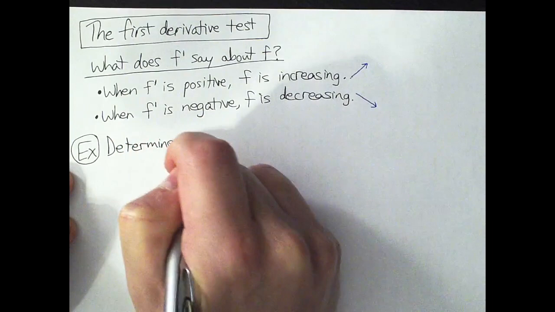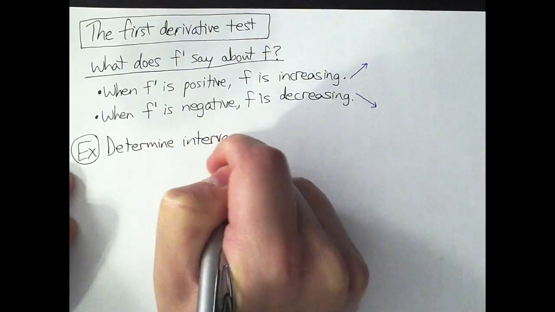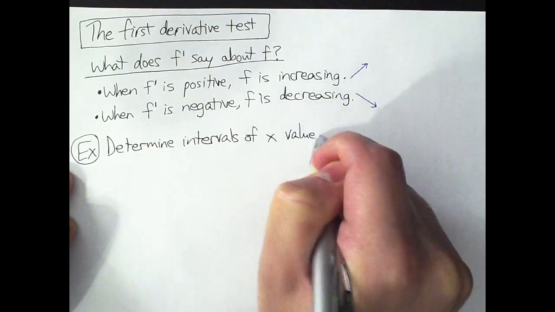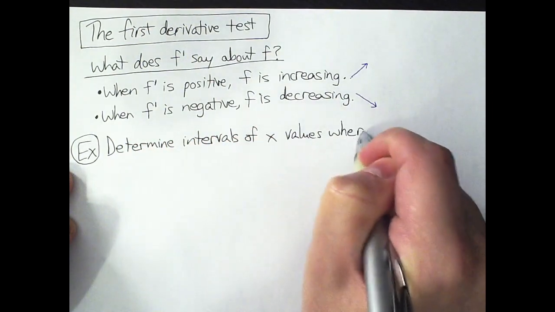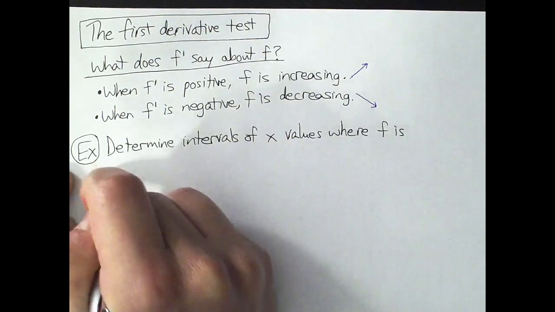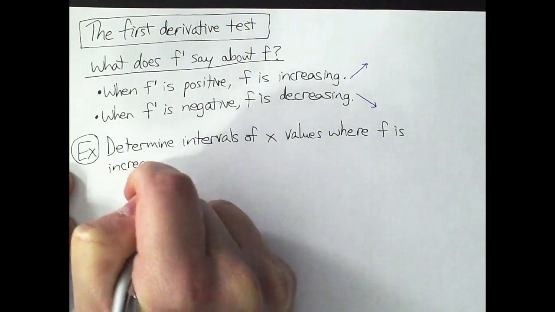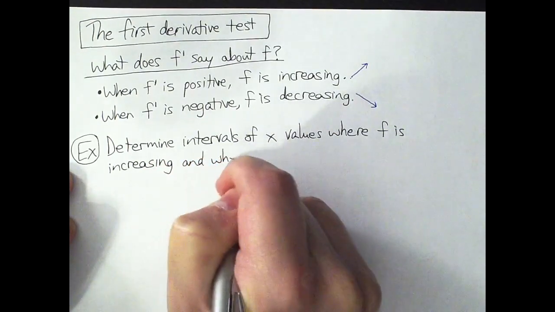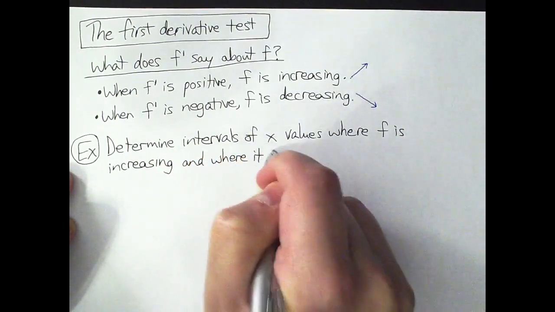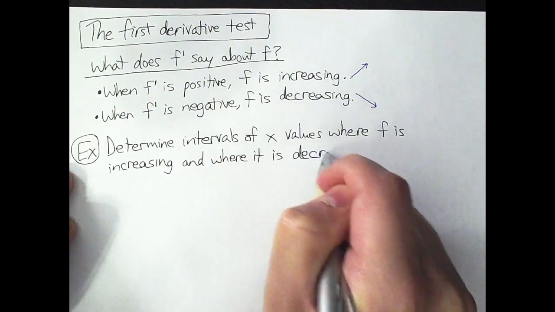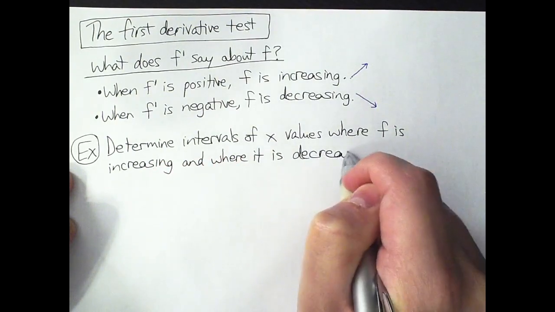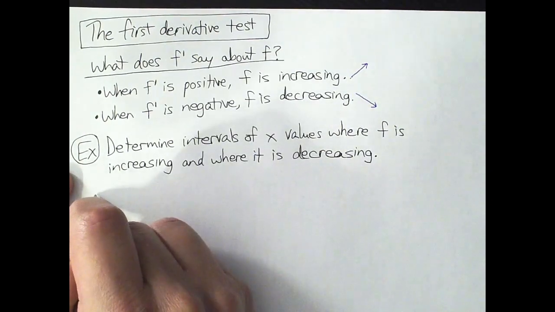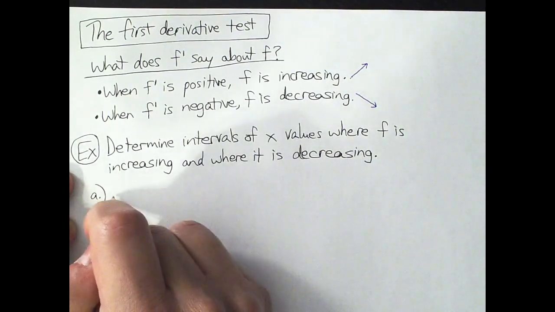So let's determine intervals of x values where f is increasing and where it is decreasing. And I'm going to write 3 different functions. I think I'll do the first 2. I'll just write all 3 functions here.